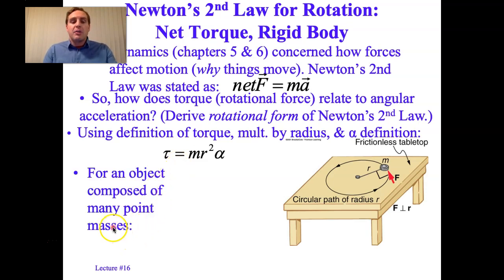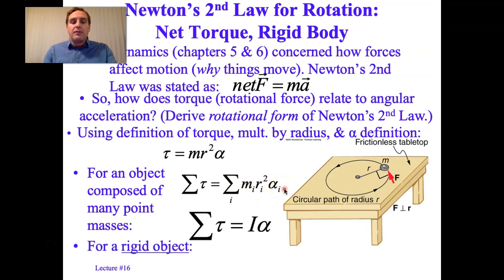And for an object composed of many point masses, which would be an extended object, a large solid body, then you add up all the mr squareds, and I here is a counter, and for a rigid object we would have the sum of all the torques, that's the net torque, is equal to the rotational inertia of the object times the angular acceleration alpha.